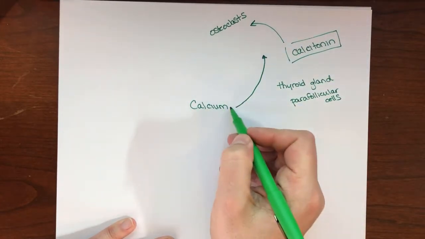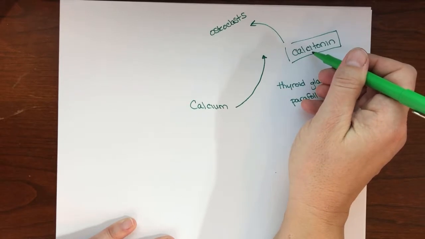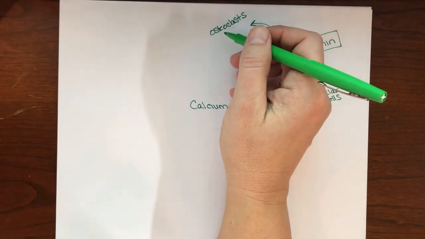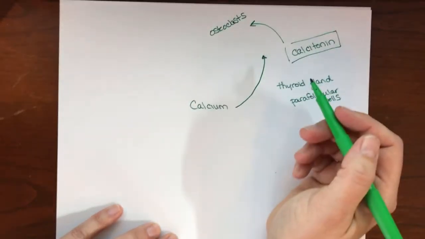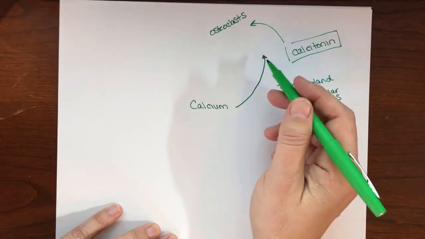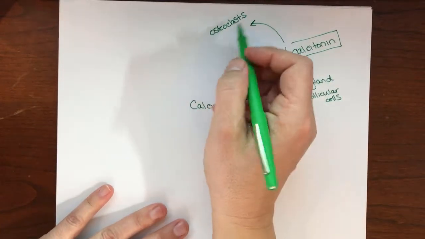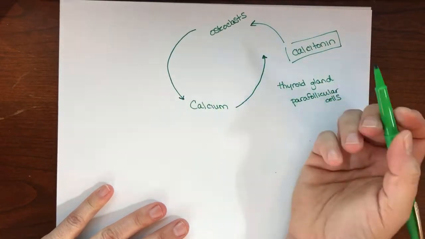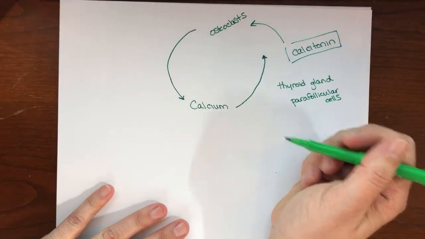So if you have high calcium and the thyroid gland produces the hormone calcitonin, that's going to inhibit those bone-breaking cells. And so we're going to actually increase the amount of bone that we're building. Whenever we're building bone, we're taking calcium and storing it in our bone bank, our skeleton. That's going to cause the calcium levels to fall as calcium gets stored in the skeleton.